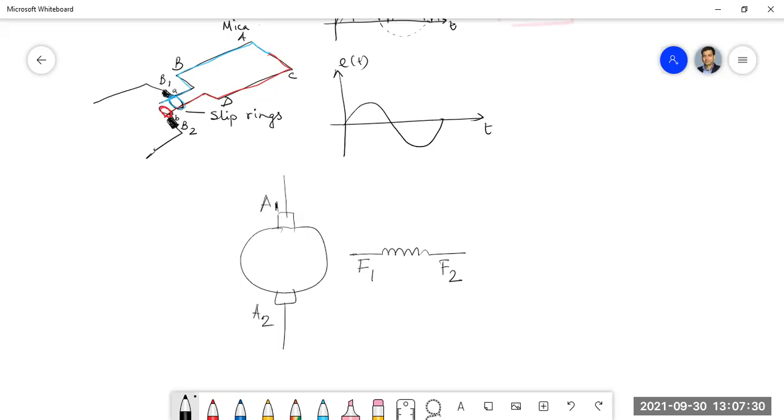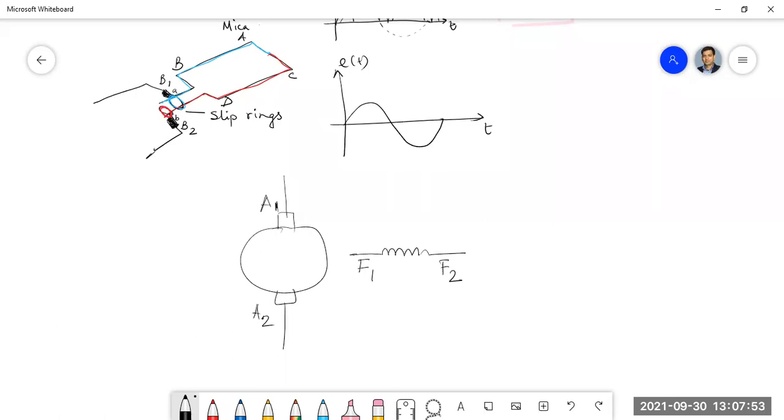I have mentioned in the last class that though the armature winding is basically a winding, the representation is different because it also generates voltage. It acts like a source also. Therefore we represent the armature winding like this.